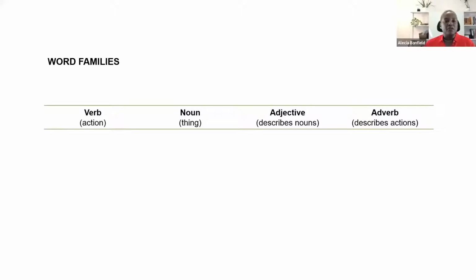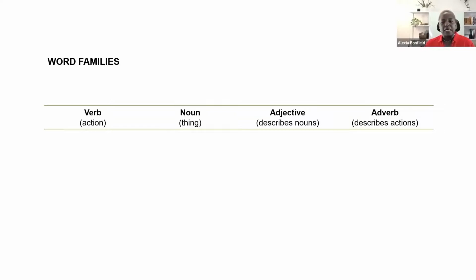So the members of word families in English are usually a verb, which is an action word, a noun or a thing, an adjective, which are words that describe nouns or things, and adverbs, which are words that describe actions.